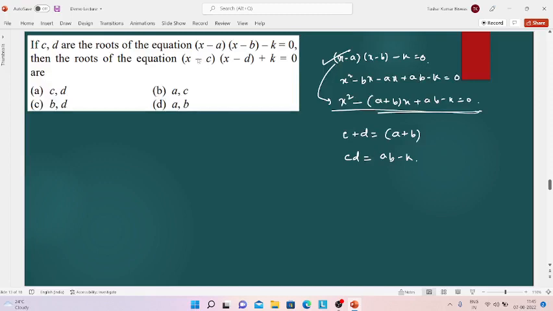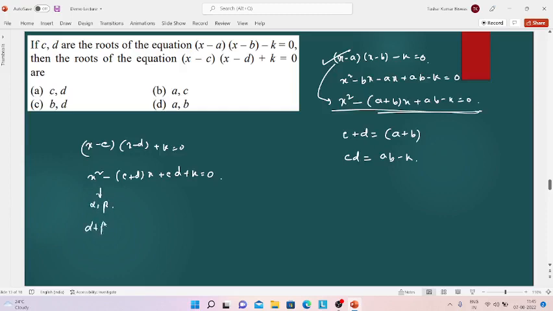So then, to find the roots of the required equation, first we write down that equation: x minus c into x minus d plus k equals 0. When we solve this equation, we will get x square minus (c plus d)x plus cd plus k equals 0. Suppose the roots of this equation are alpha and beta.